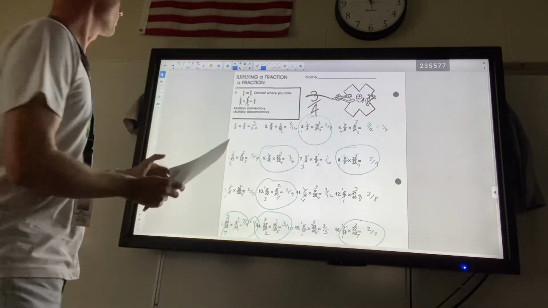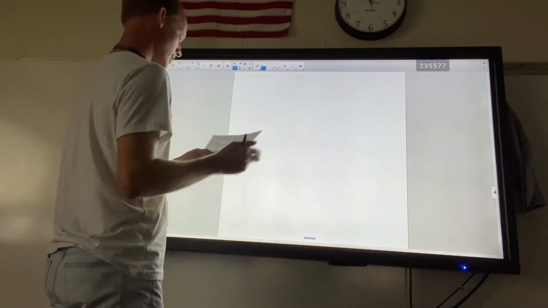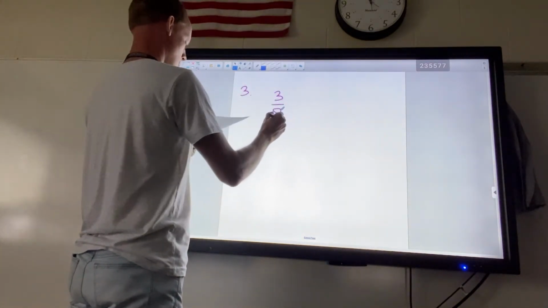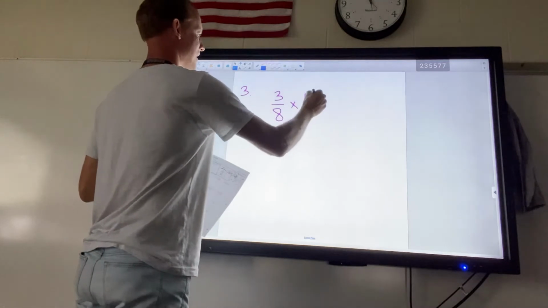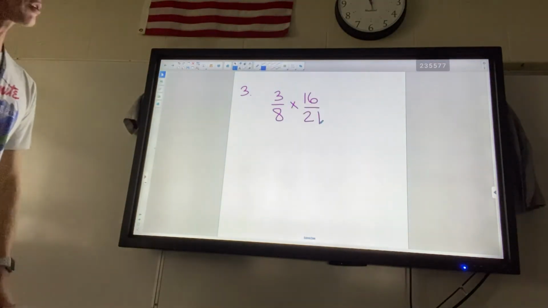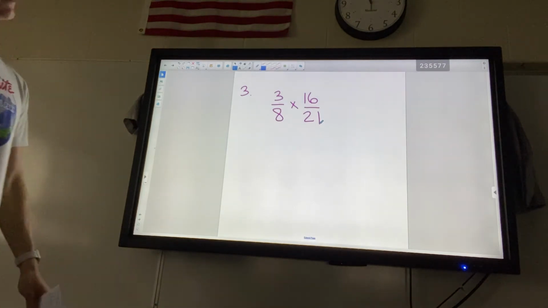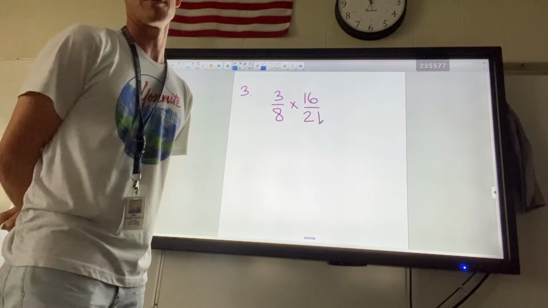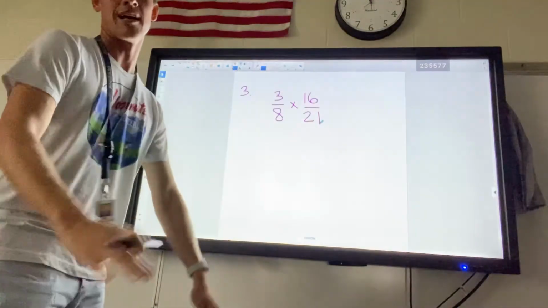Okay, number 3 is 3/8 multiplied by 16 over 21. If you don't cross simplify, this ends up being 48 over 168. You want to reduce that? Good luck. I'm fine with it. I truly am.